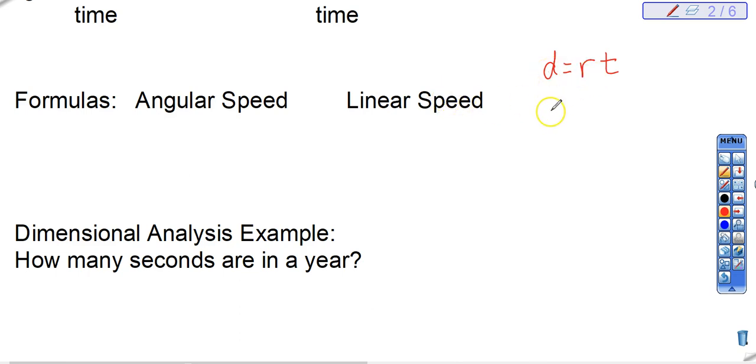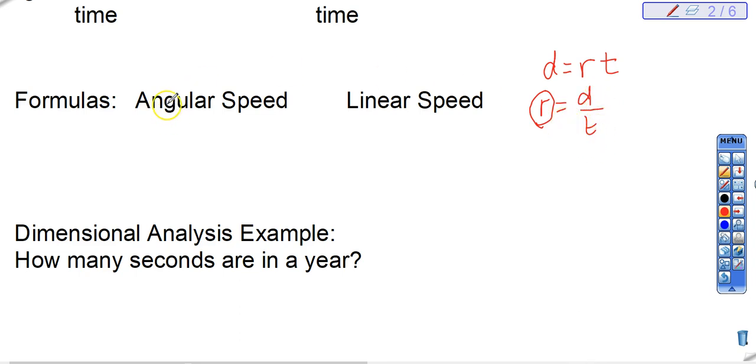If I know I have to go 180 miles and it's going to take me 3 hours to get there, how could I determine my speed? Yeah, rate is equal to distance over time. So rate is speed. Distance is how far you go from beginning to end, and time, of course, is your measurement in time. So change in distance over change in time gives you your speed.